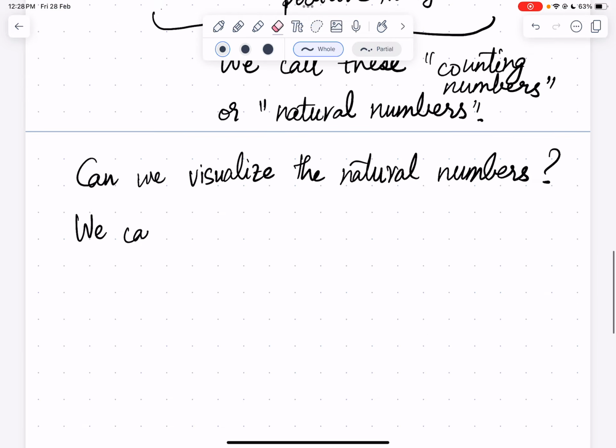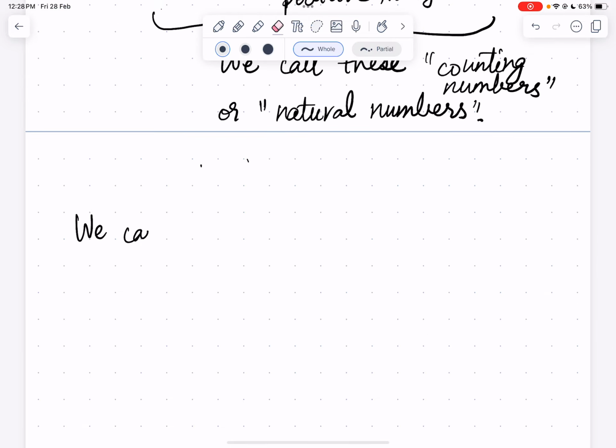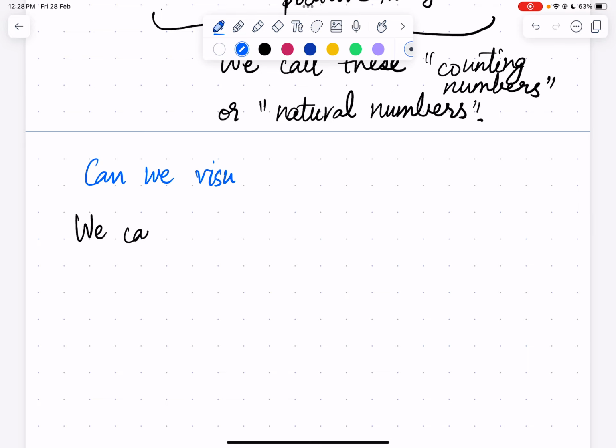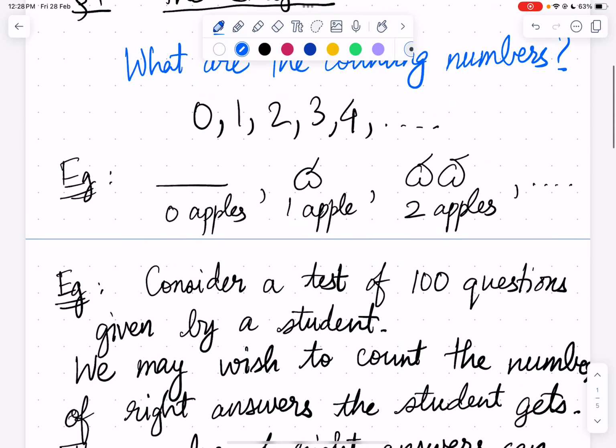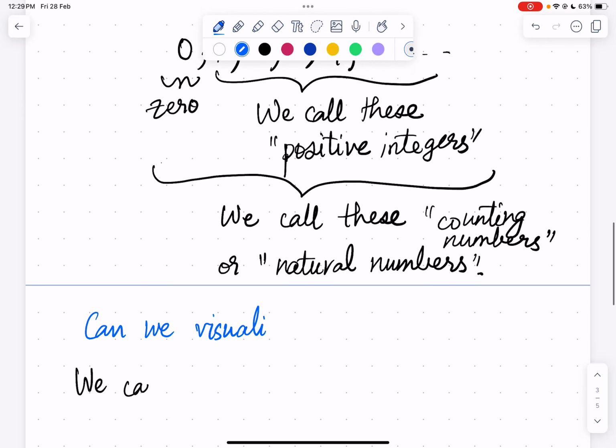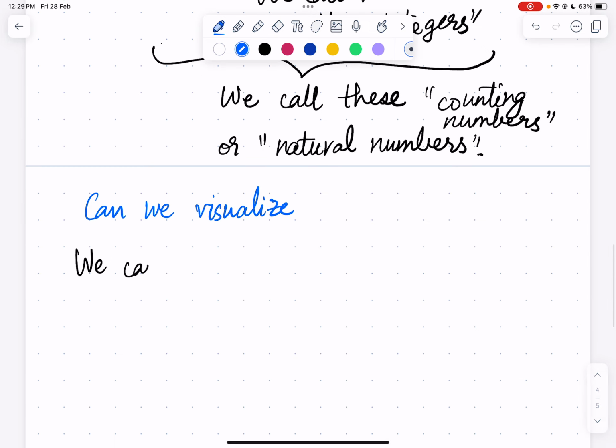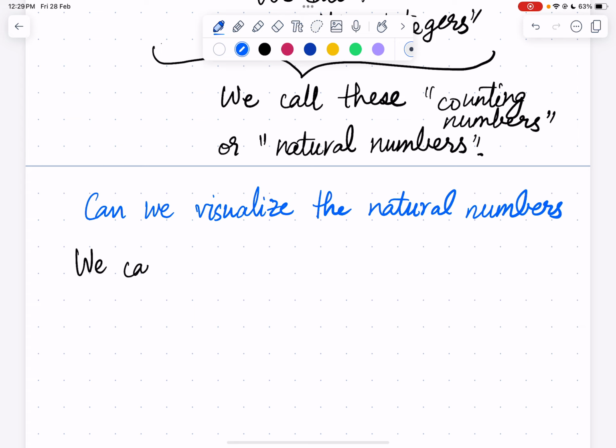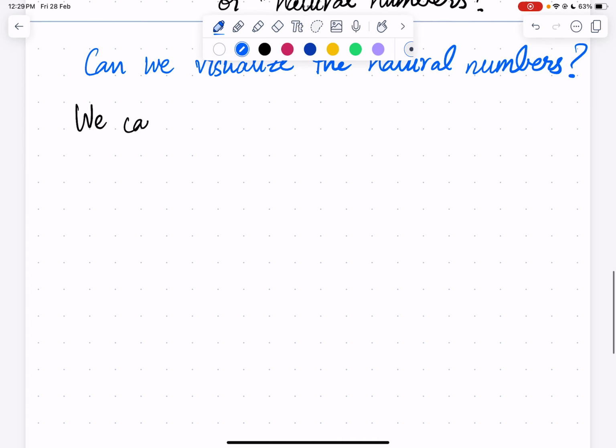I'll specify questions in blue, to emphasize that the questions are important. So we first asked what are the counting numbers, then we are asking can we visualize the natural numbers.